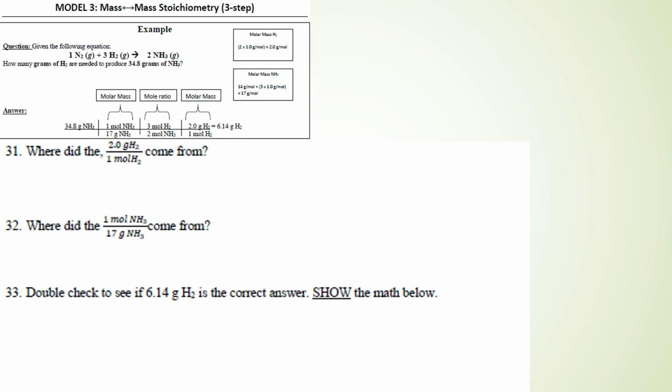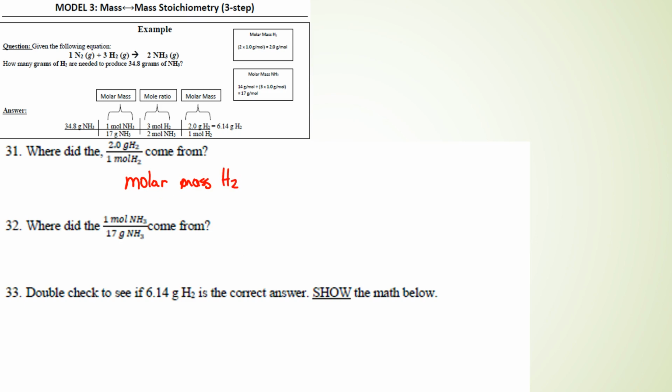So looking at number 31 with the same model. So where does the 2.0 grams of hydrogen to 1 mole of hydrogen come from? What is that? That is the molar mass of hydrogen.